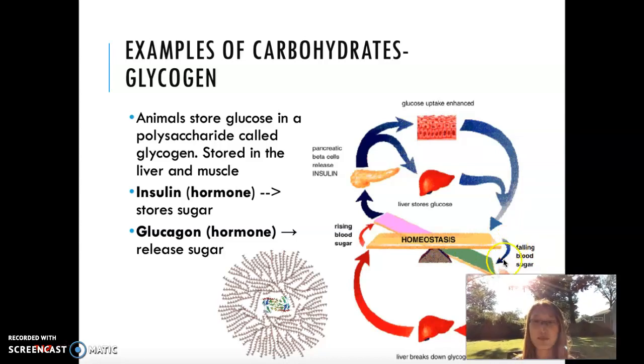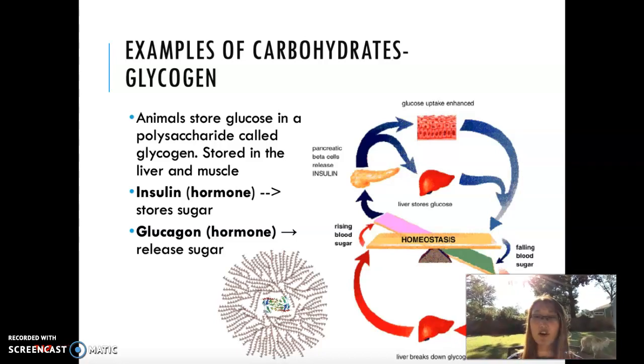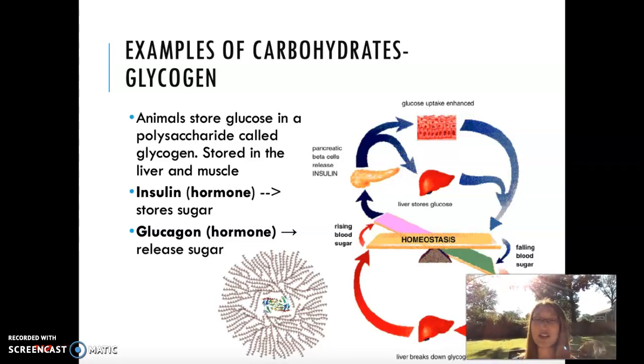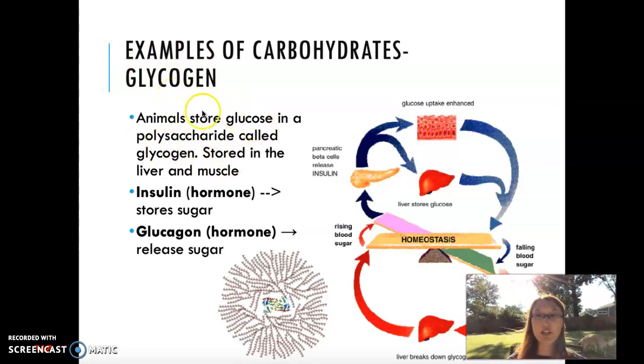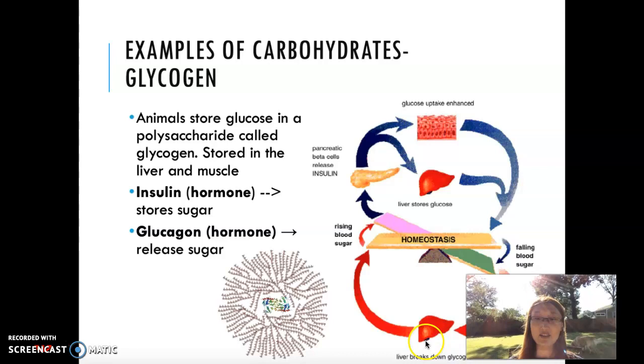We have falling blood sugar over here as a result of you not eating for a while, probably. And then what happens after that is your pancreas will release another type of hormone called glucagon. So glucagon, don't get it confused with glycogen. Glycogen is a type of carbohydrate that we store in our body, but glucagon is a hormone that allows our liver to break down the glycogen and release more glucose into the bloodstream.